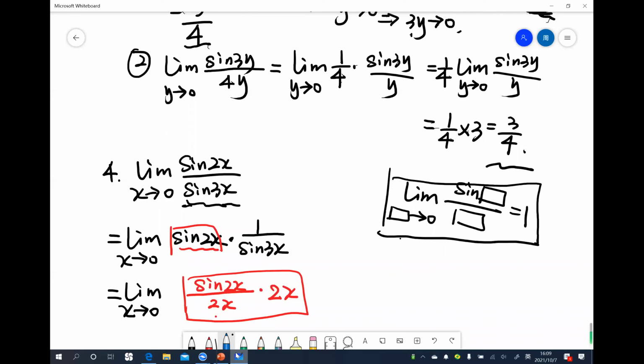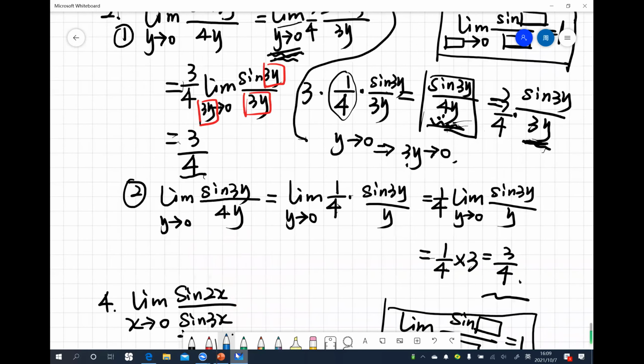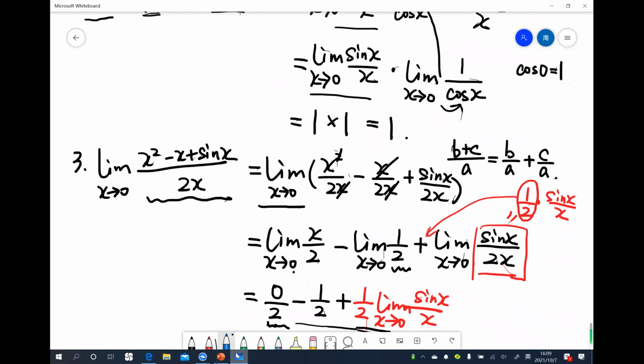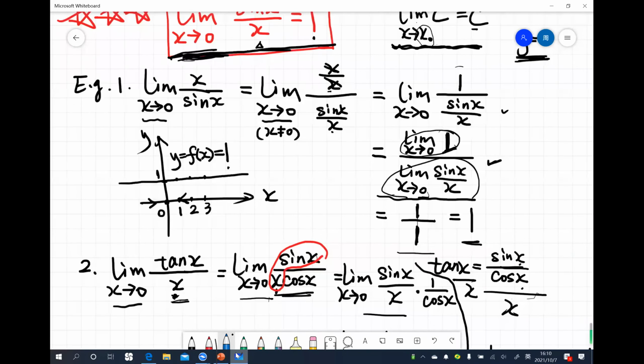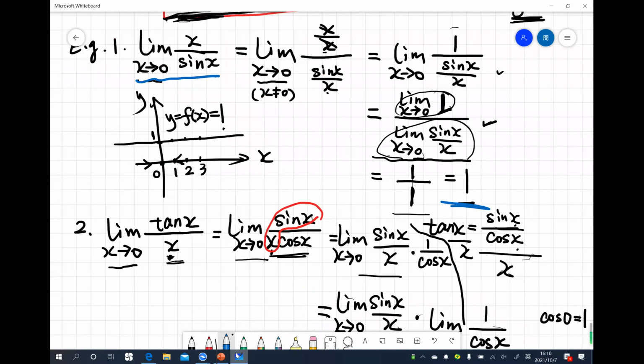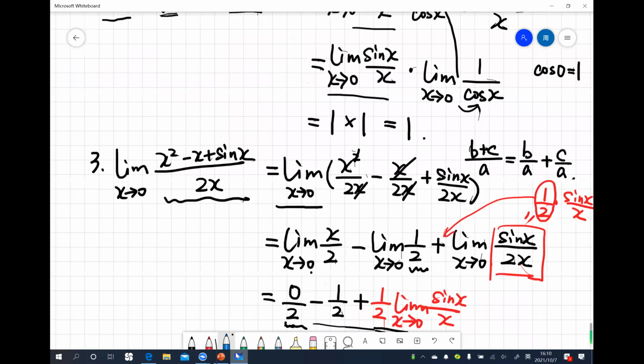And then I want to show the second part. For this part, guys, maybe you can remember the exercise I gave you above, exercise number 1. Here, limit x by sine x as x approaches 0 also equal to 1, right? Remember that? And I have told you that you can use this result directly.